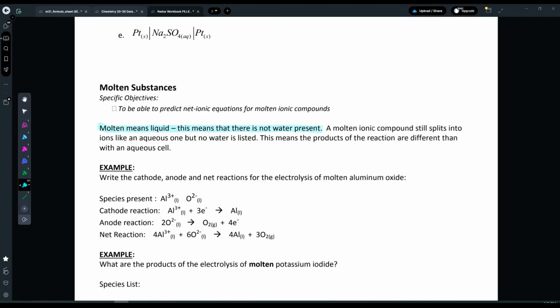However, very important that no water is listed in your species list. Okay, so this means the products of the reaction are different when you have a molten substance versus if you had the exact same thing with an aqueous substance.